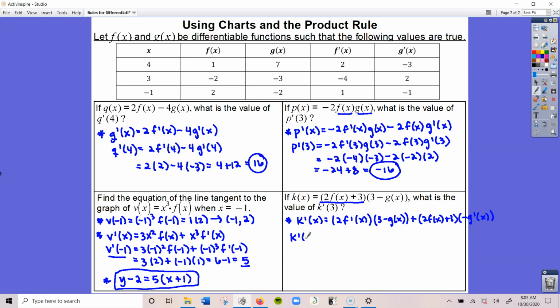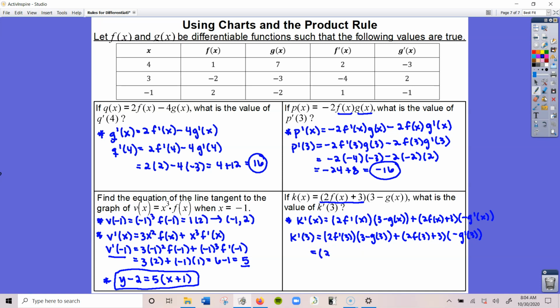So k prime of 3 is going to equal 2 f prime of 3 times 3 minus g of 3 plus 2 f of 3 plus 3 times negative g prime of 3. And now we're just going to use the chart to substitute all of these numbers.